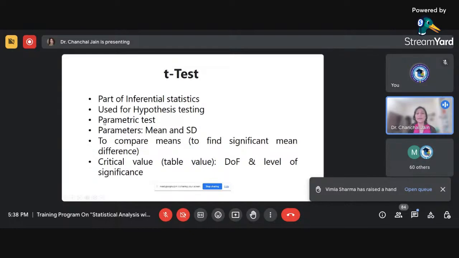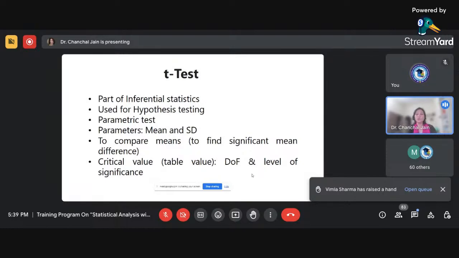So now to get the table value or the critical value for the t-test, we need to have two things. First is the degrees of freedom and second is the level of significance. So using these two figures, we can get the table value. But as I said, we are using Excel, as all of you are here for understanding all these types of tests using Excel.